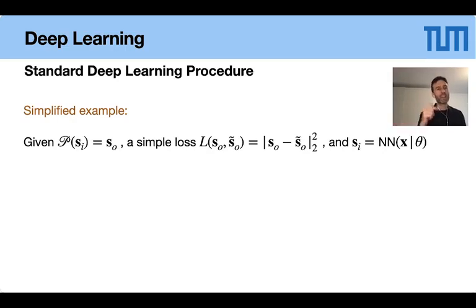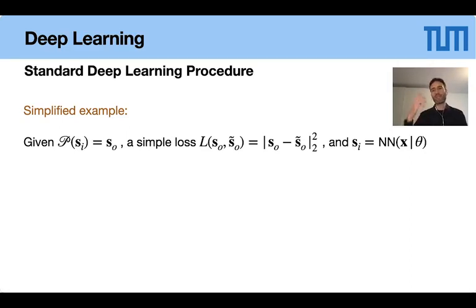So here we have Si for input, So for output, and we have some loss function that takes this output and compares it to some reference output, the So tilde here in the middle. Then, in the simplest case, just like before, we can look at an L2 norm, assuming we already have discrete versions of these two output states. And let's assume for simplicity here that the input, the Si, is actually given by a network.